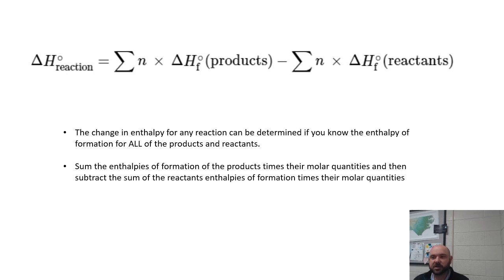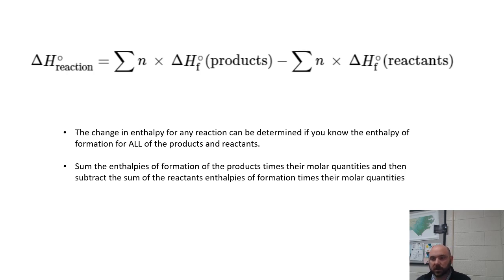And after that discussion, it actually gets a little bit easier here at the end of the enthalpy discussion. Because enthalpy is, as we say, a state function, it turns out that you can determine the change in enthalpy for any reaction if you know the enthalpy of formation of all of the products and the reactants.